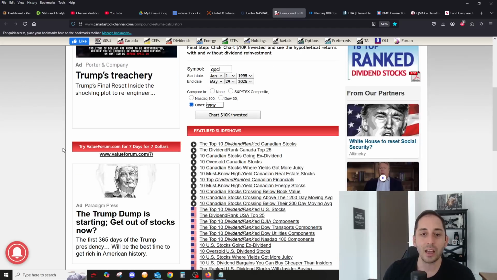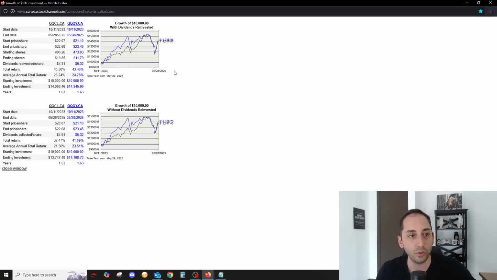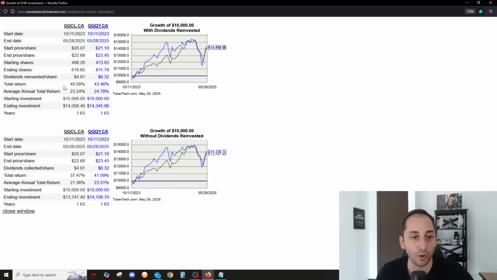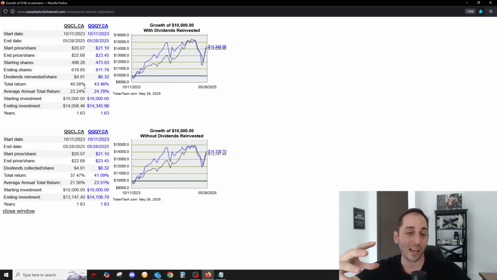If we do a total return comparison between the two, actually QQQY is outperforming QQCL with dividends reinvested, even without dividends reinvested. So if the technology companies only within the Nasdaq 100 are beating the Nasdaq 100 index itself, of course QQQY is probably going to outperform, right?